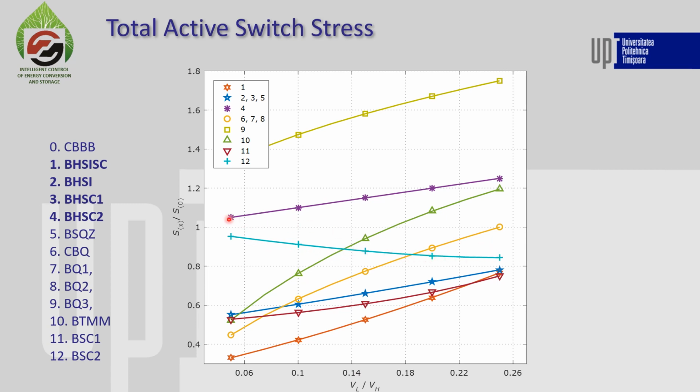And then we have the second hybrid switched capacitor converter, which has slightly more stress on the devices because it actually has additional switches. So this is why it has a higher total active switch stress.